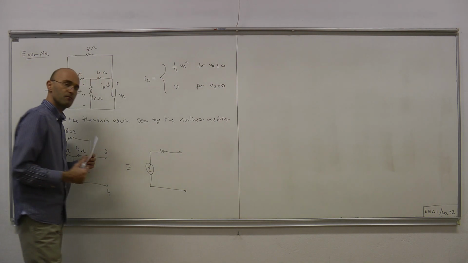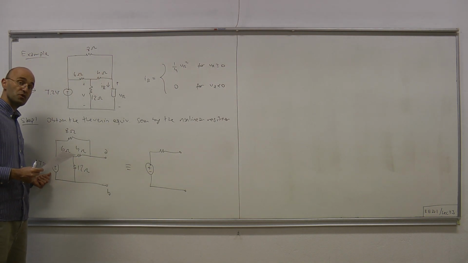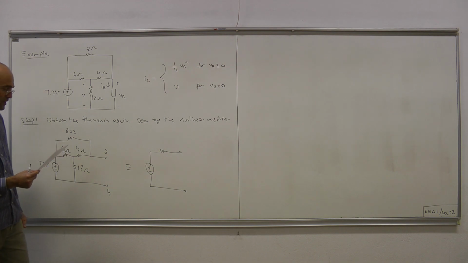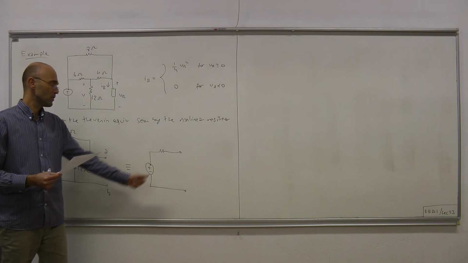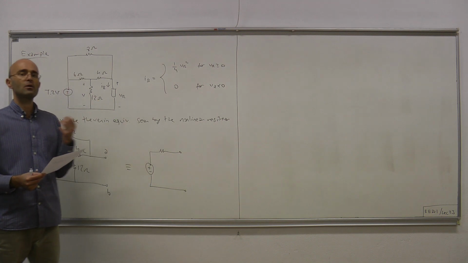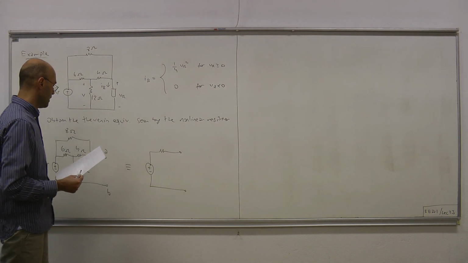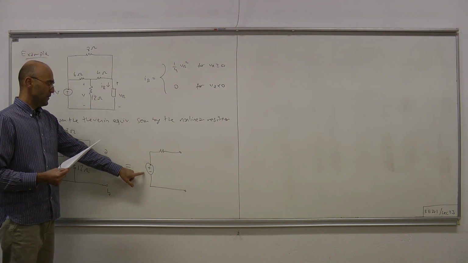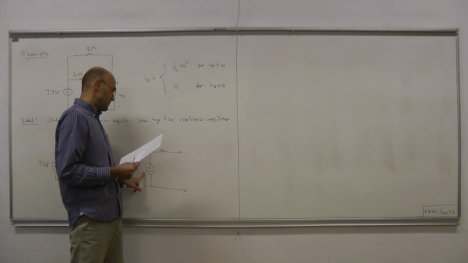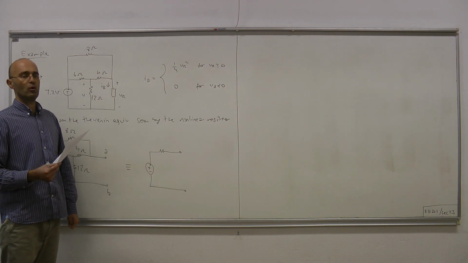Here we have a constant voltage source because the source within this one port is constant, and here we have an LTI resistor. The resistance of this resistor is called the Thevenin resistance of this one port, and the voltage provided by this independent voltage source is the Thevenin voltage of this one port.